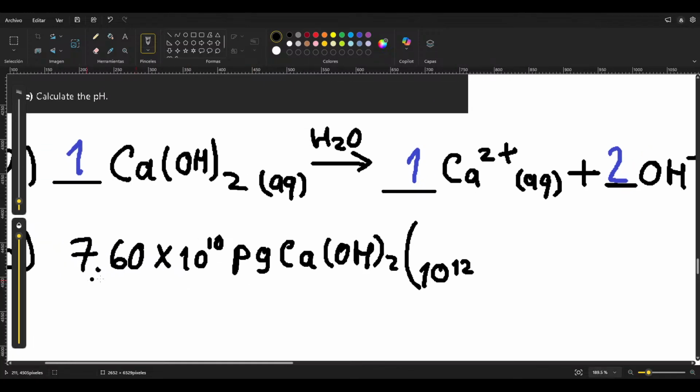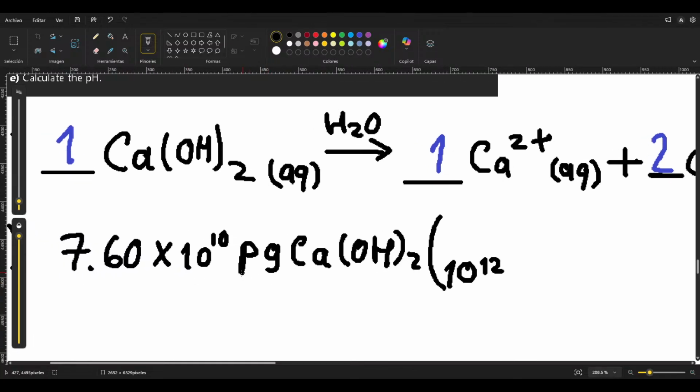Ok, so basically, now we're converting this, like 10 to the 12 picograms is equal to 1 gram.